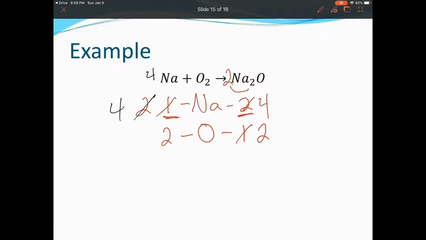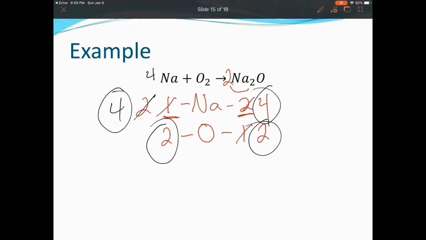And if you look at your numbers, you've got 4 and 4 sodiums, 2 and 2 oxygens. So this is a balanced equation. Only adding coefficients and changing it until you have the same number of atoms on both sides.